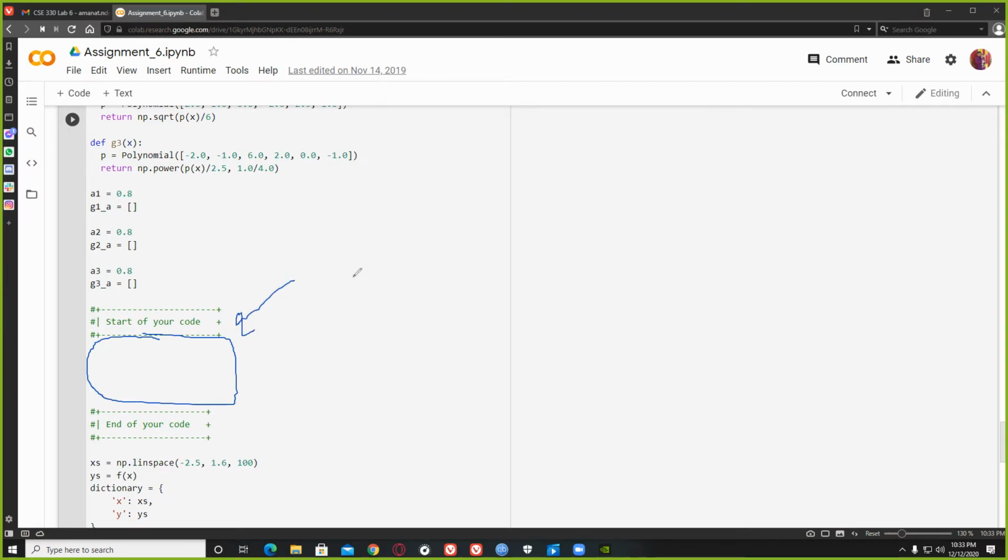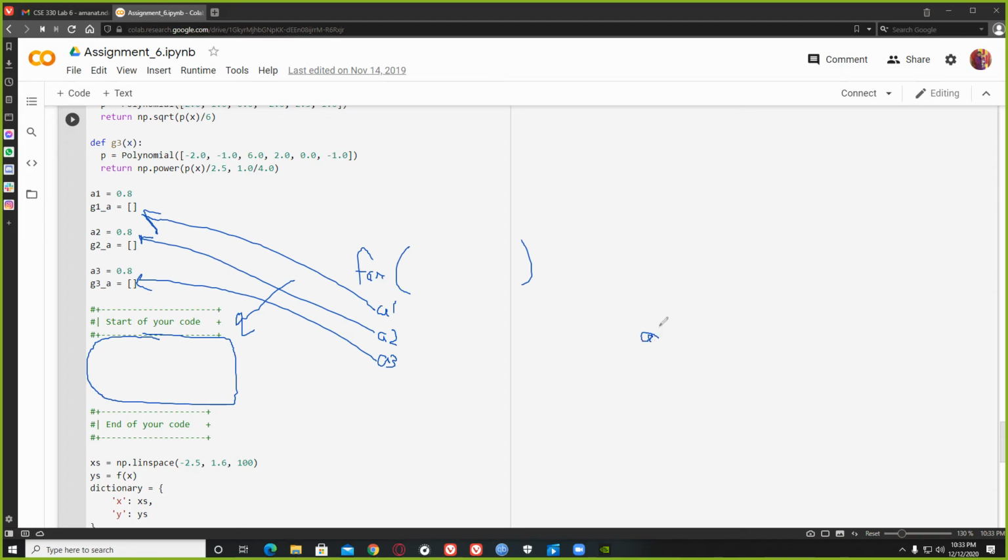So what you have to do is run a for loop. You can run the for loop for at least 30 times. Inside the for loop, save the value of a1 to g1_a1, value of a2 to g2_a2, and value of a3 to g3_a3.